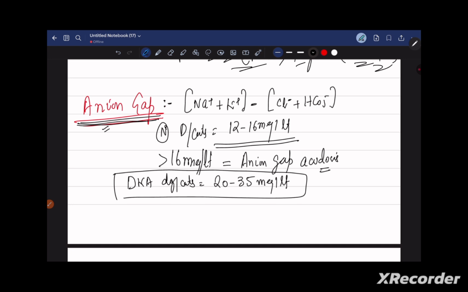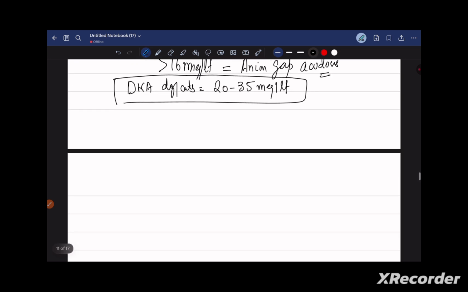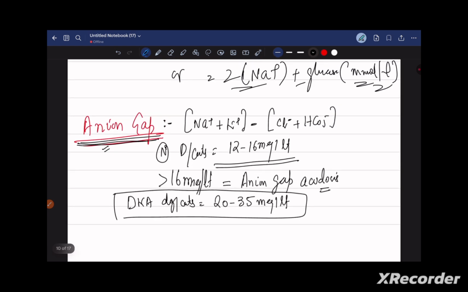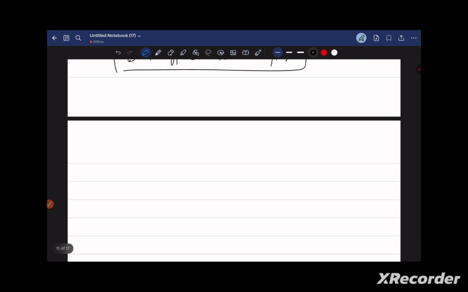You have to remember this for your examination point of view as well as for your clinical approach. Let me make you understand why when the anion gap increases, it leads to anion gap acidosis, and when it decreases, it leads to anion gap alkalosis.